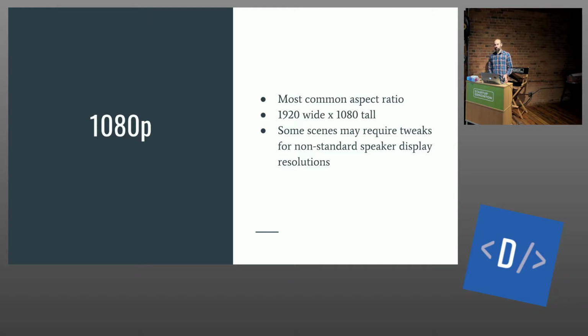But at the same time, it won't destroy the laptops and people's internet connections when you're trying to stream. But definitely make sure that you're thinking about this in advance and making decisions, because a lot of your production assets, like your backgrounds, will all need to be made in this size. So changing it can be a big pain.